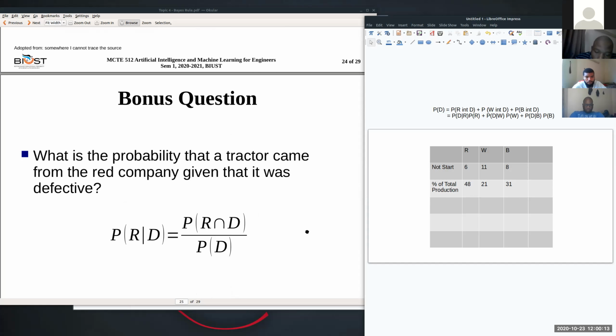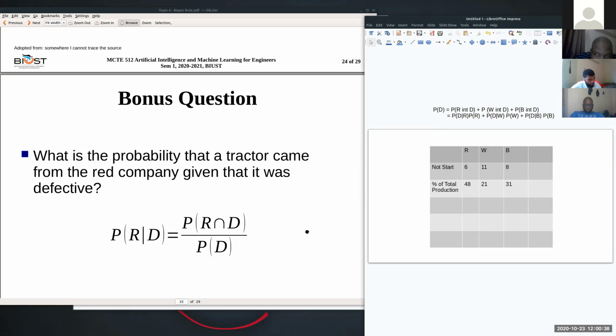Okay, so the bonus question. What is the probability that a tractor came from the red company given that it was defective? So how do we play the blame game? This is how we play the blame game. When you go to a company and find that a tractor is defective, you compute the probability of whether it's from your line, your friend's line, or your enemy's line.